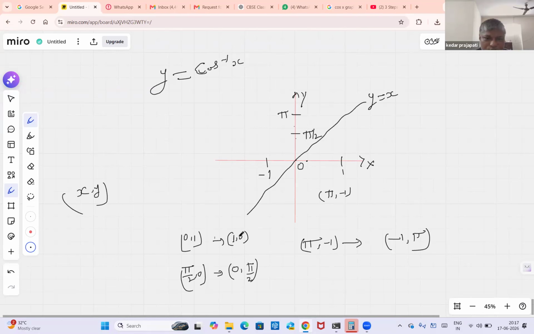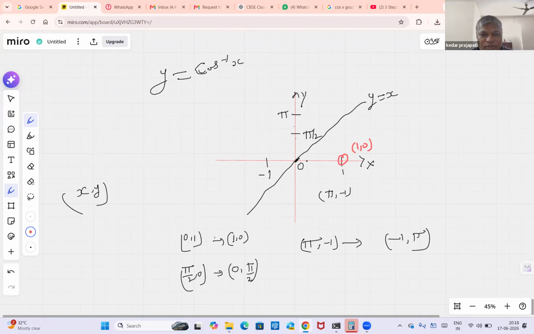All right. So what are the points? 1, 0. Right? When x is 1, y is 0. So where is 1, 0? This is the point, the red one. Now we have to draw 0, pi.